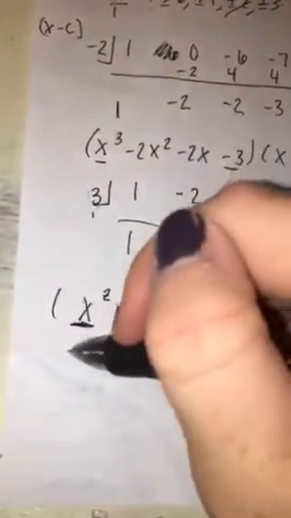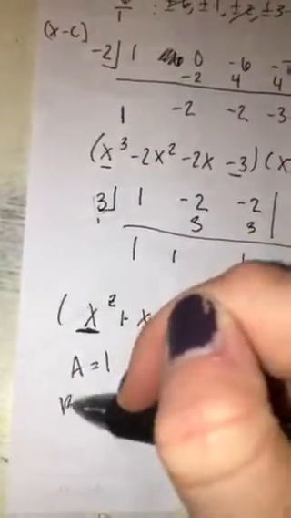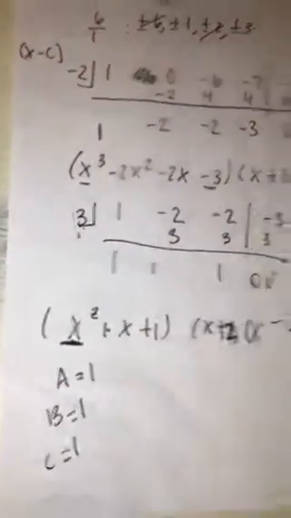Our a is 1, our b is 1, and our c is 1. So our quadratic formula is -b, which is -1, plus or minus the square root of b squared, which is 1, minus 4 times 1 times 1, all over 2a, and a is 1.